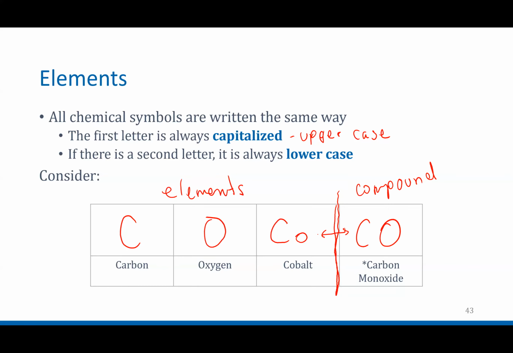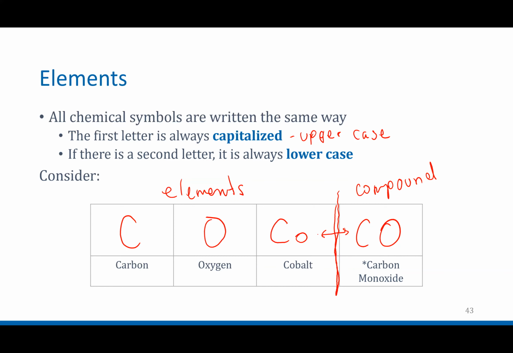It might not seem like there's a big difference, but if you write on a piece of paper CO, capital C, lowercase o, you're telling me or another science person, another teacher, another chemist, that it's cobalt.